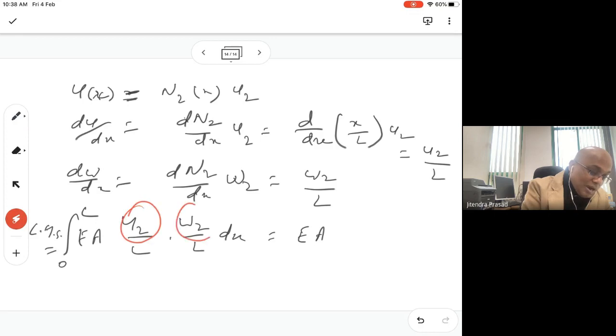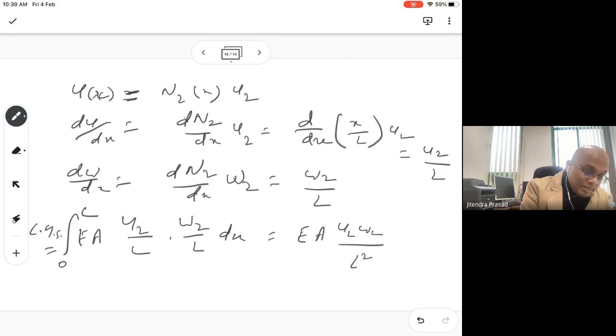Now w2 and all of them are constant, right? We use them as a constant. So EA u2 w2 over L square multiplied by L. All constants come out, and the integration of this is simply L, so you have EA u2 w2 over L.